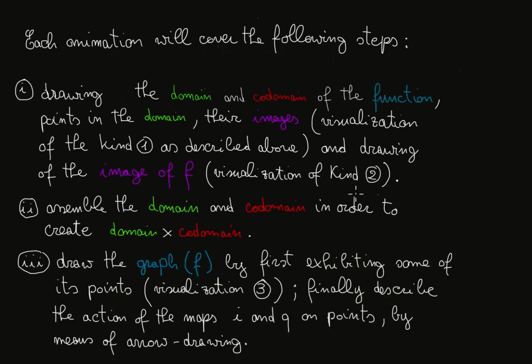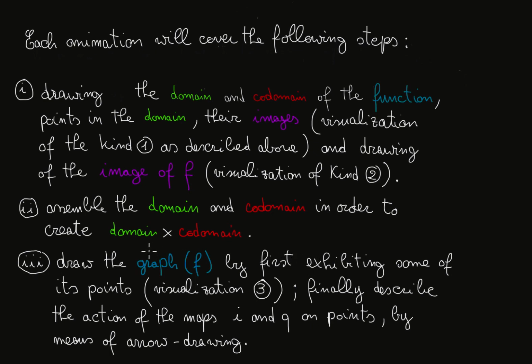Finally, the last step is drawing the graph of f, and it will be blue just like the function before, by further exhibiting some of its points, and these will correspond to visualization number 3. So the graph of f will typically contain infinitely many points, and we try to understand its shape by drawing a certain number of points.